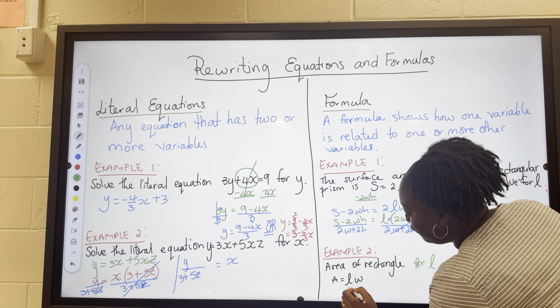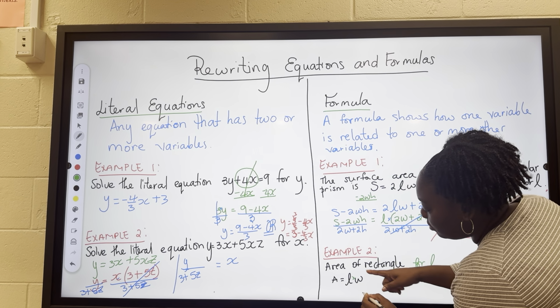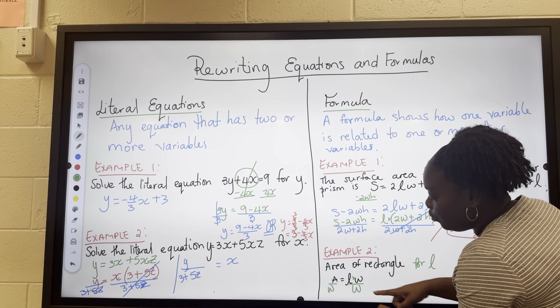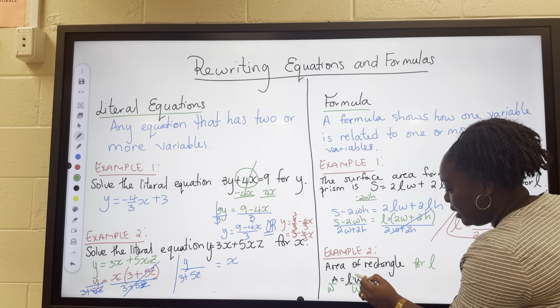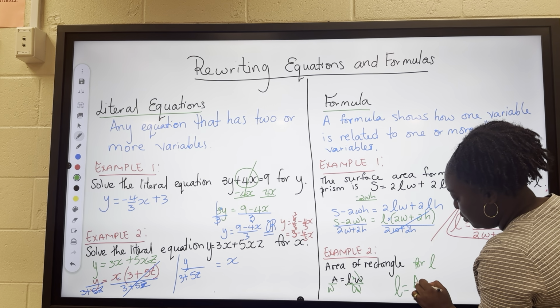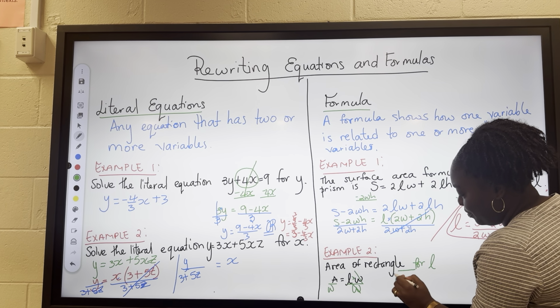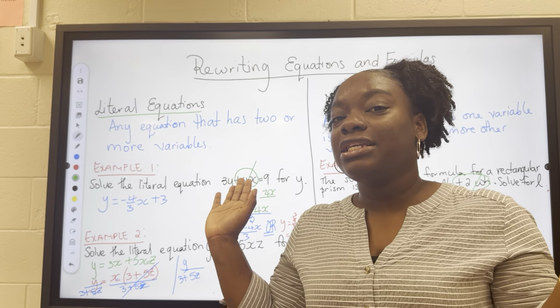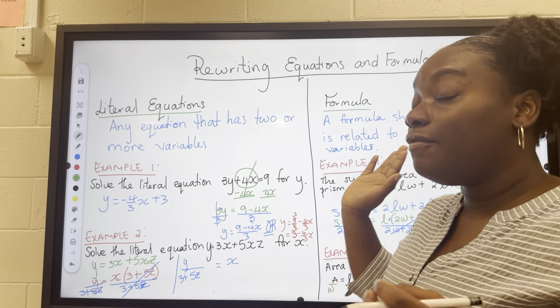I need to get rid of the W, and right now it's multiplying, so I would divide through by W. All right, that's cancelled out. So L is equal to A over W. And that's basically it for rewriting equations and formulas.